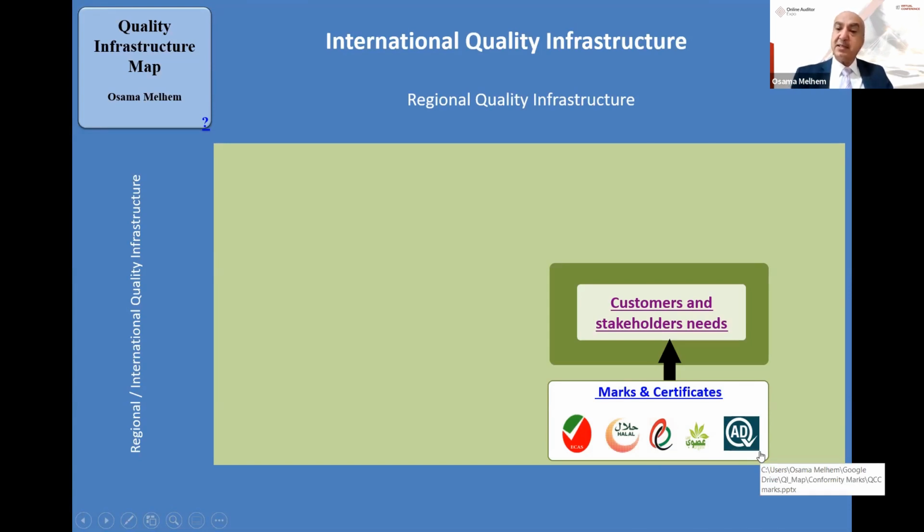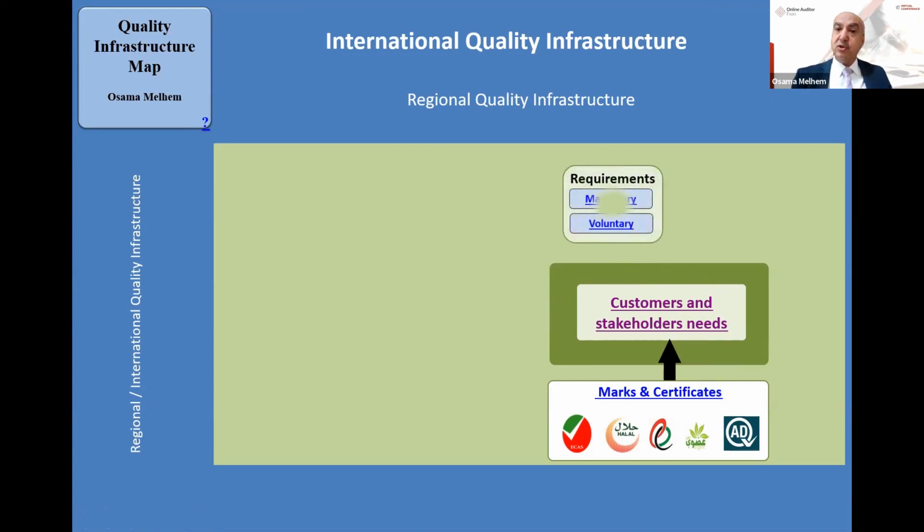So in general, marks or certificates are either mandatory or voluntary. Now, when the manufacturer in the market wants to fix the mark on his product, he cannot fix it directly.